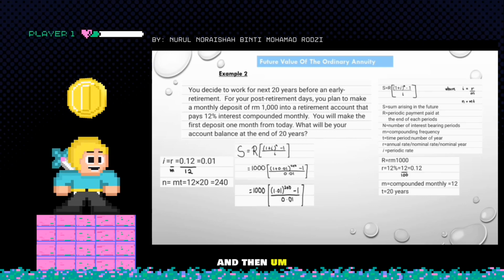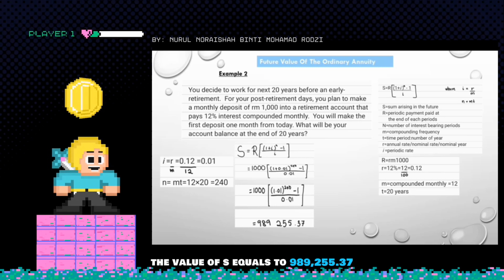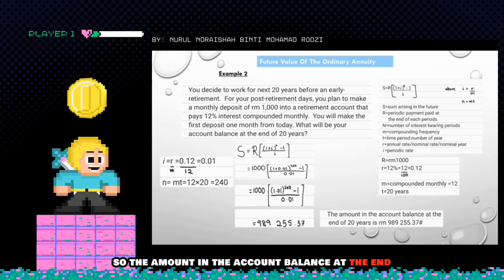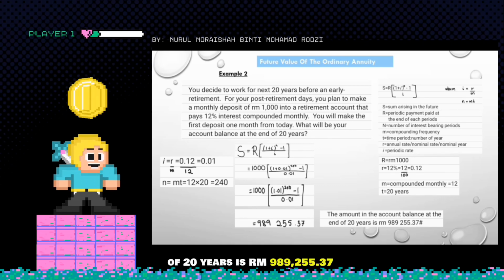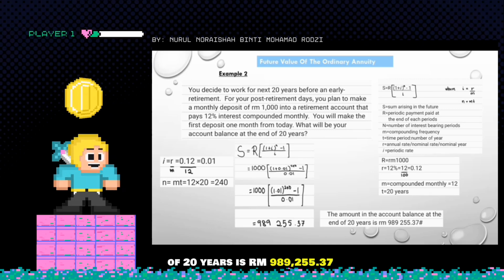And then the value of S equals 989,255.37. Only take 2 decimal places. So the amount in the account balance at the end of 20 years is RM 989,255.37.